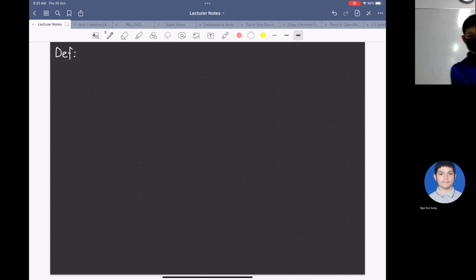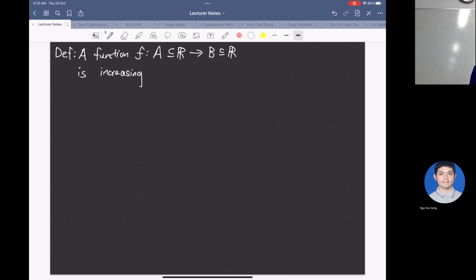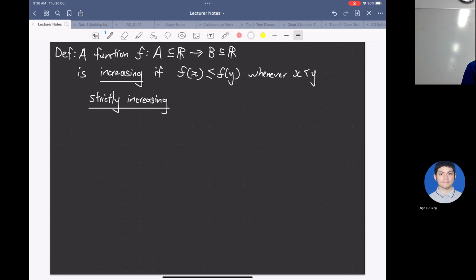Okay, so say f is a function from any subset of R to any subset of R. It is increasing if f(x) less than or equal to f(y) whenever x less than y, and it is strictly increasing if f(x) less than f(y) for x less than y.